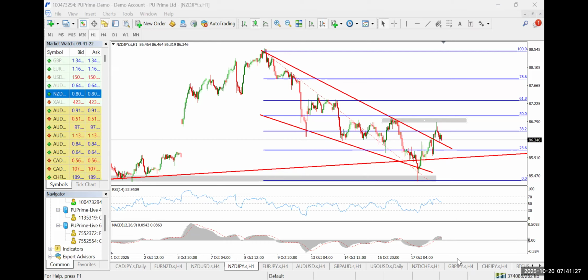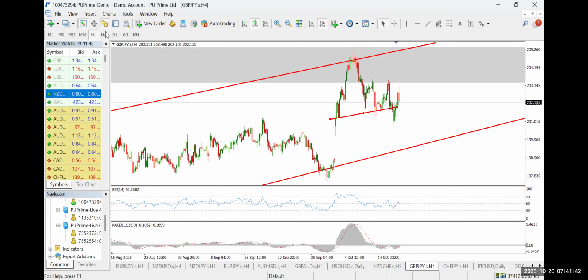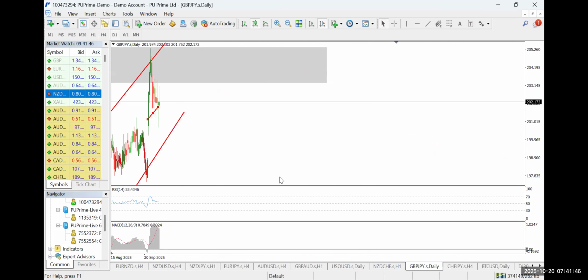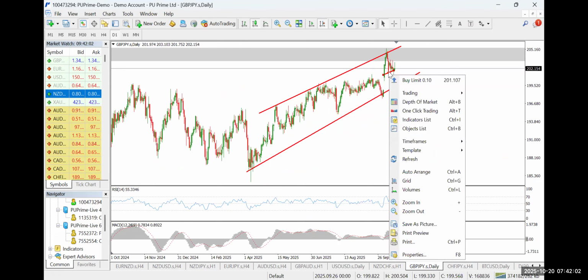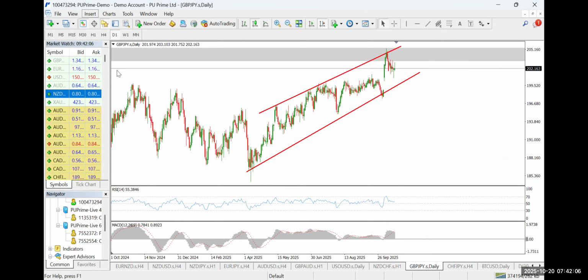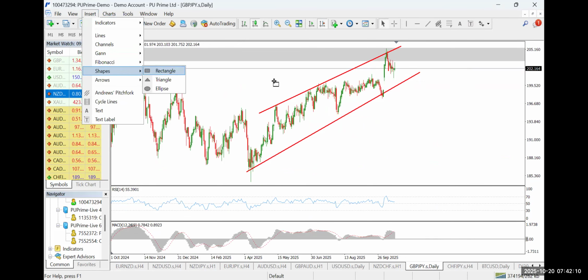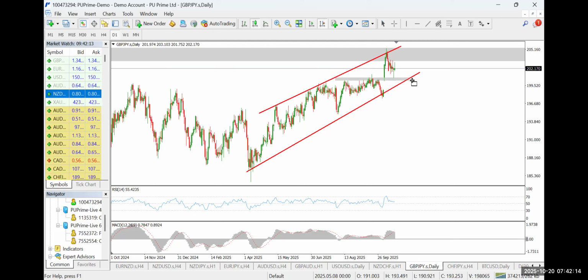So we'll look out for the GBPJPY. Okay, so this is the GBPJPY.